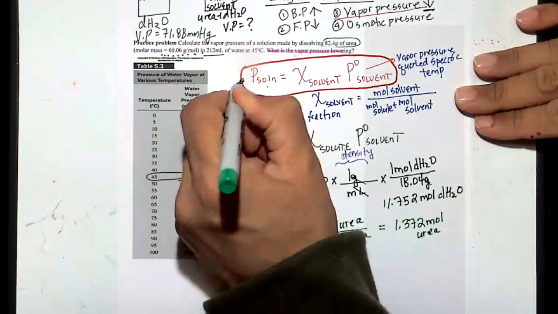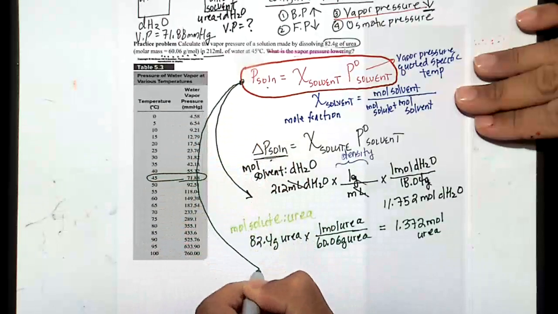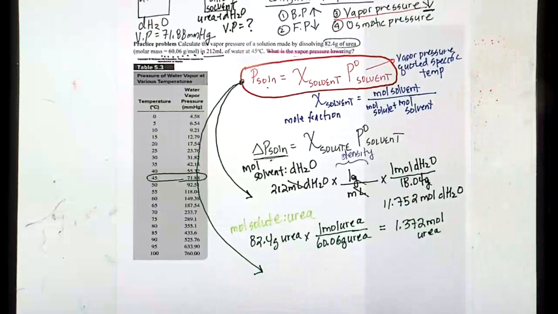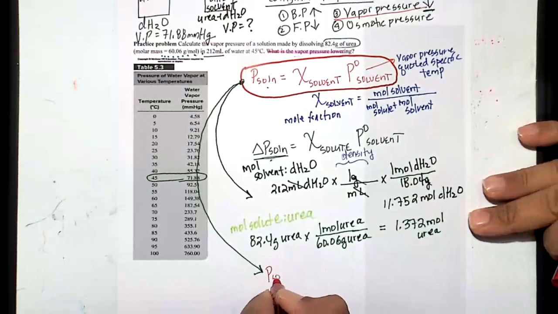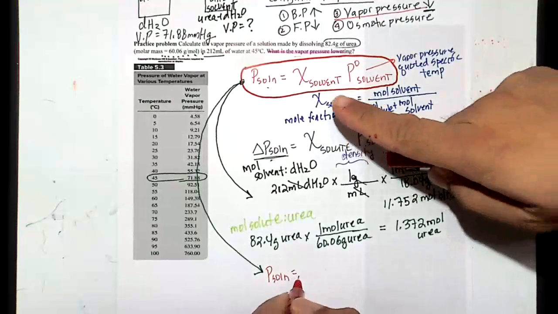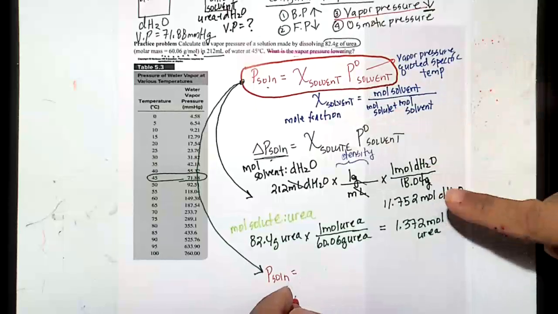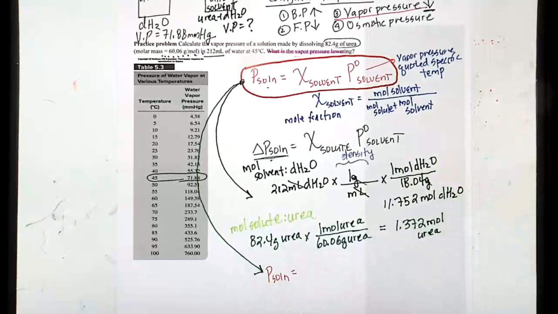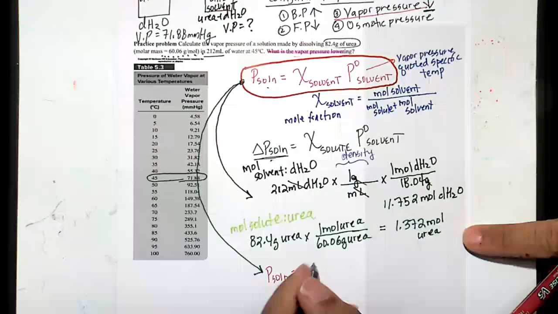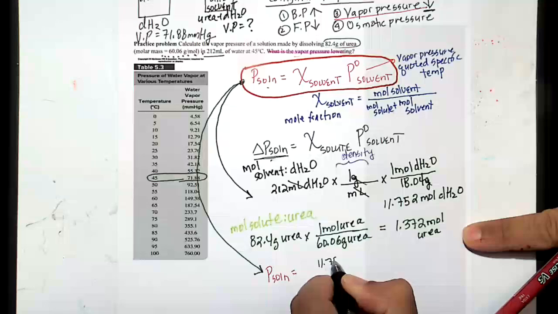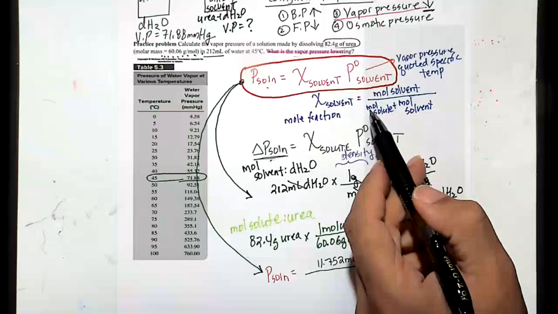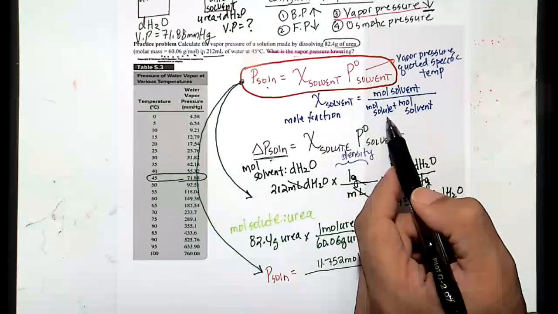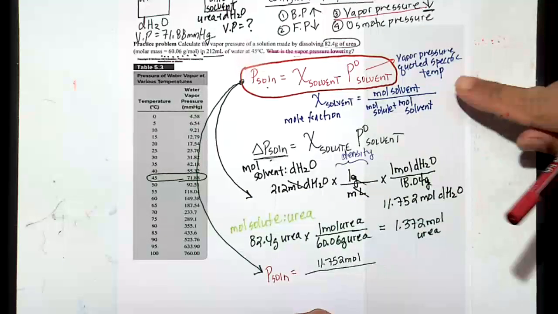All right, let's go ahead and use this equation now. The vapor pressure of the solution is the mole fraction of the solvent. So what's our solvent? Water at 11.752 moles, divided by, as Susanna said, the denominator for the fraction will be everything.